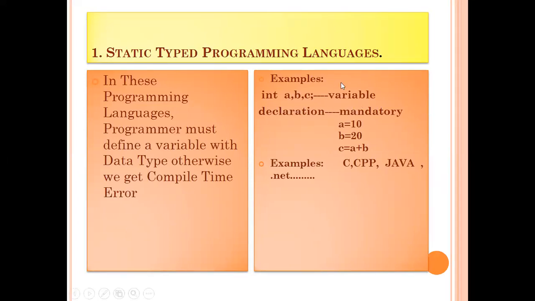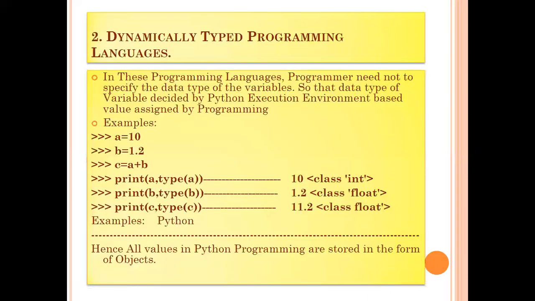But in dynamically typed languages, it is not necessary to specify the data type of the variable, so the data type of the variable is decided by the Python execution environment only. Okay, so we have got this answer. All the values in a Python program, as I've told you, are stored in the form of objects.